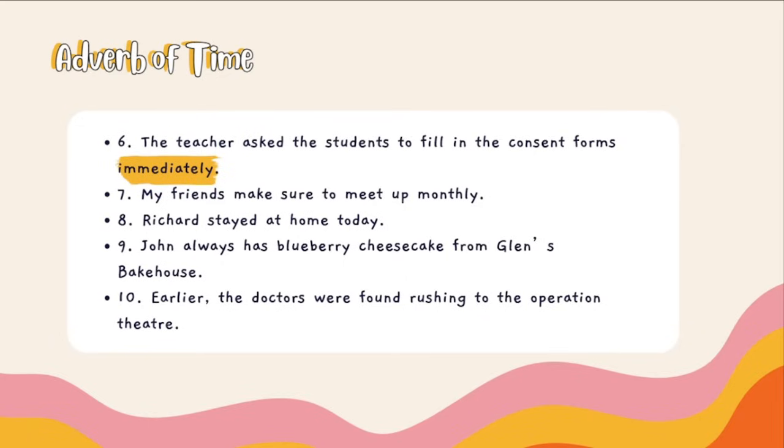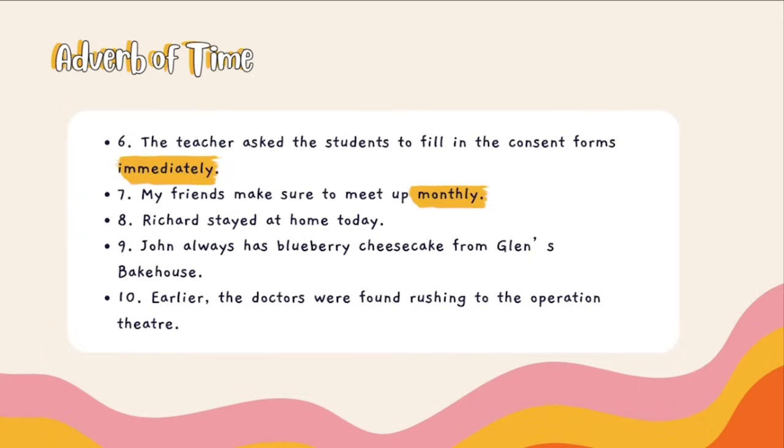Another one. My friends make sure to meet up monthly. So, when do the friends meet up? The answer here is monthly. So the adverb of time here is the word monthly because it answered the question when.